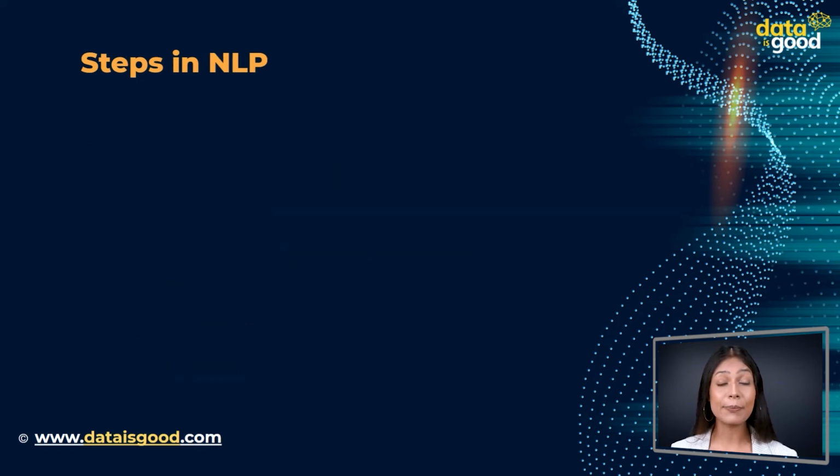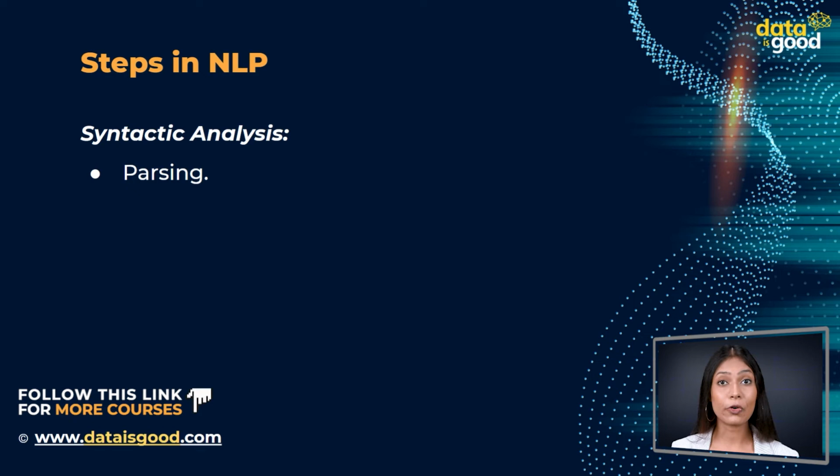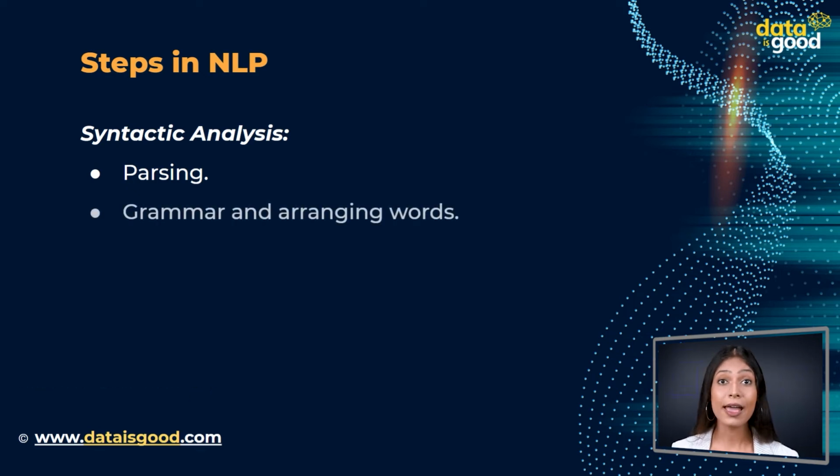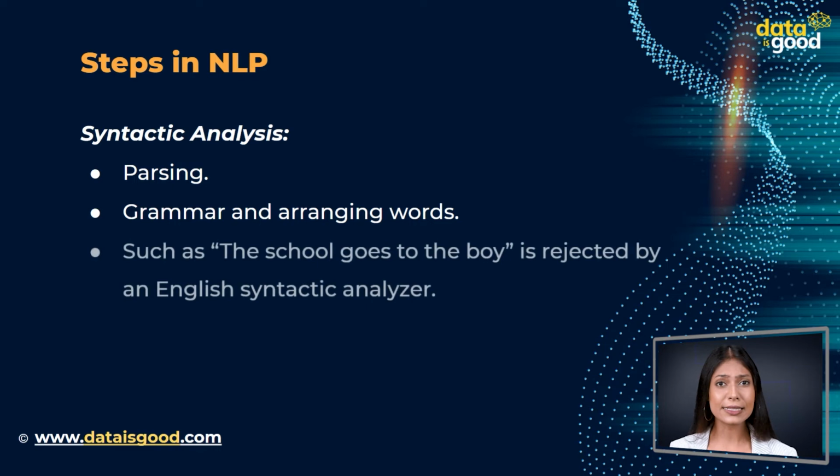The second step in NLP is syntactic analysis, that is, parsing. It involves analysis of words in the sentence for grammar and arranging words in a manner that shows the relationship among the words. A sentence such as, "The school goes to the boy," is rejected by an English syntactic analyzer.